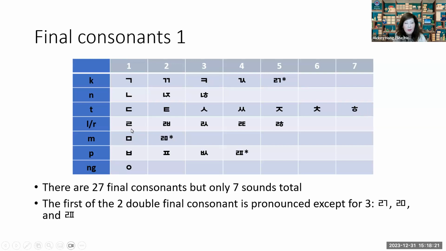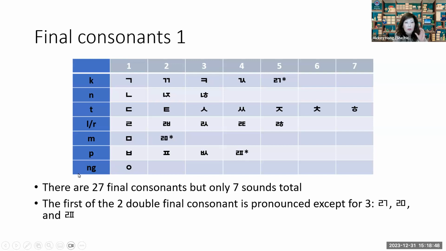Everything else. Obviously, RL is just like the RL sound at the end as it is in English. M is the same way. P for piup, or if either one of them is the first, except for when it's in combination of RL and piup.